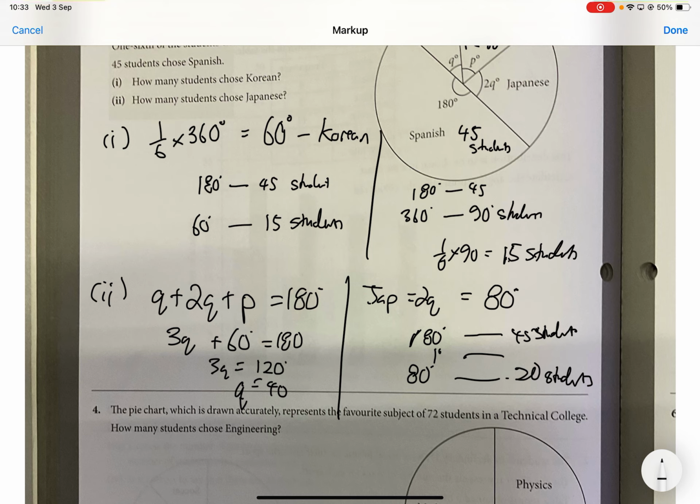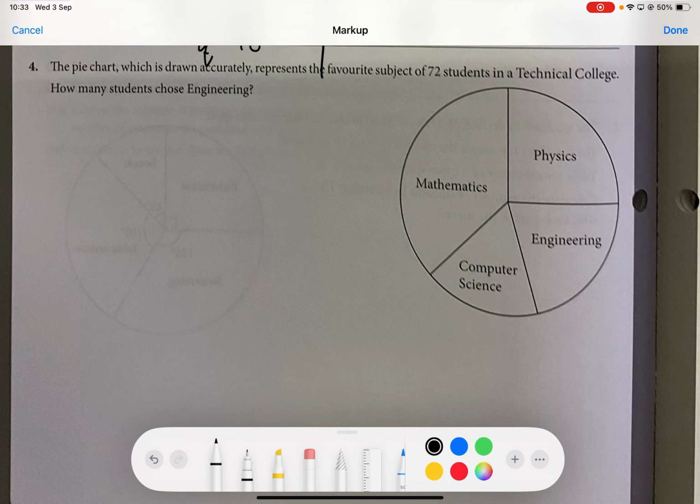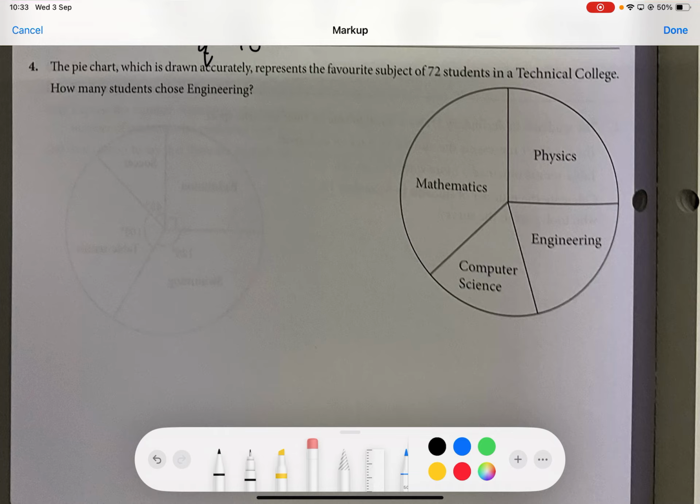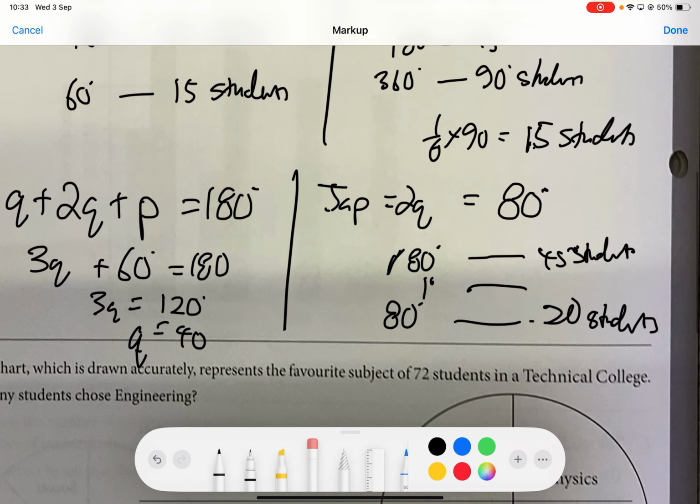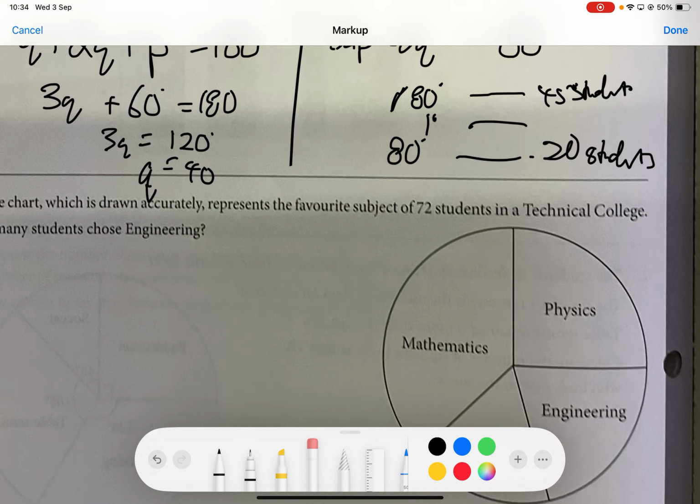So just nice, table got one protractor. Okay. Not done yet. Done. Okay.